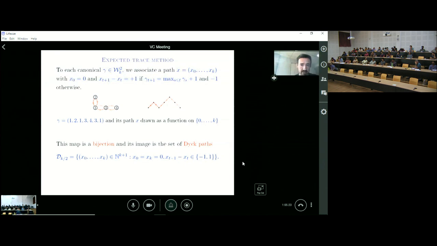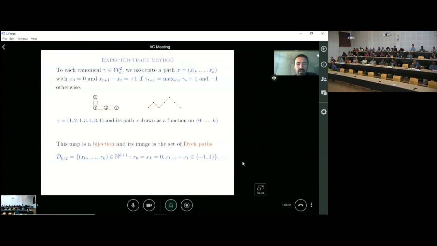Every time you see a plus 1, you create a new vertex, and when you see a minus 1, you close your path by going along the last visited edge, which has been visited exactly once. So this is a bijection.